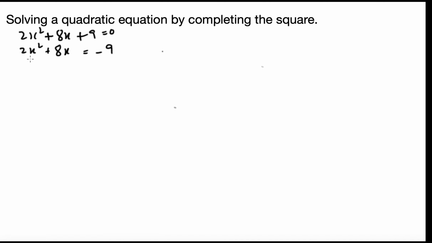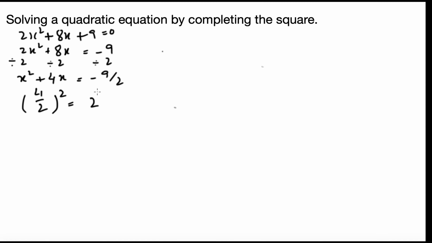In problems like these, where we need to solve a quadratic equation by completing the square, we need to have the coefficient of x squared as 1, nothing else. So we divide both sides by 2. We take the coefficient of x, which is 4, we half it and square it, which is going to be 2 squared.